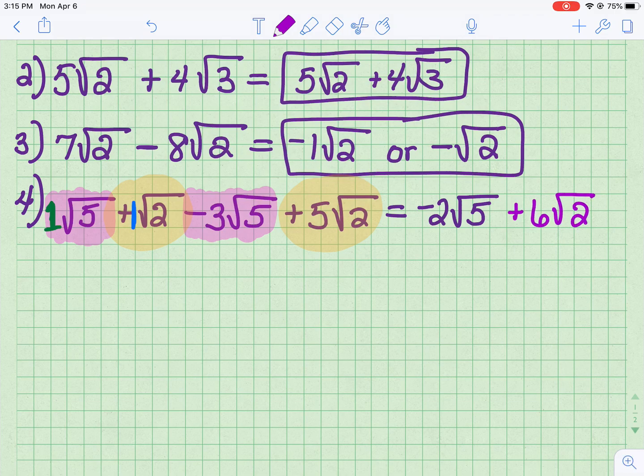And so our final answer here would be negative 2 root 5 plus 6 root 2. Now if you wrote 6 root 2 plus negative 2 root 5 or minus 2 root 5, that means the same thing. It's the commutative property of addition. We could switch the order, just make sure the negative is still in front of the 2 root 5.